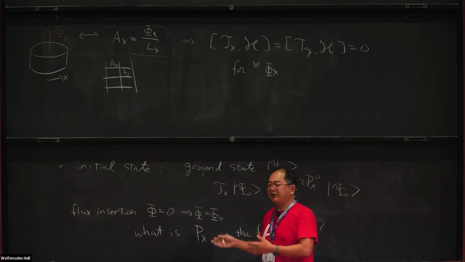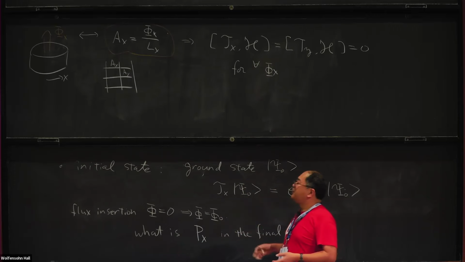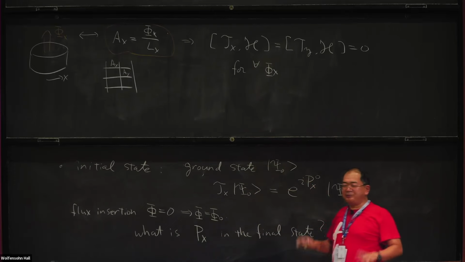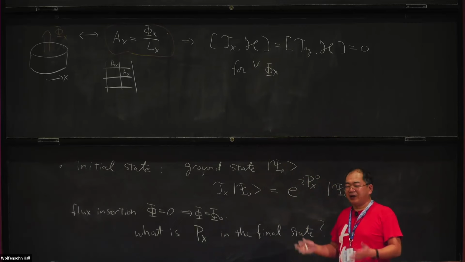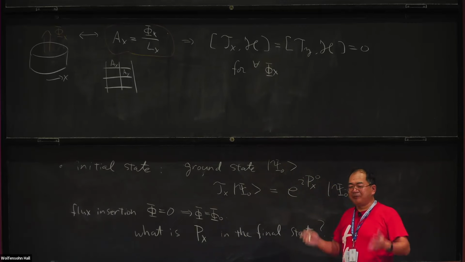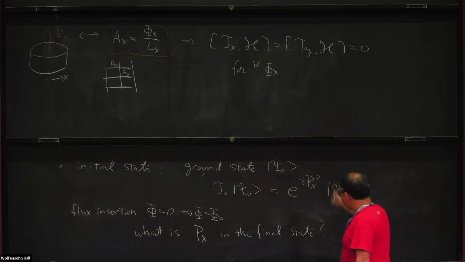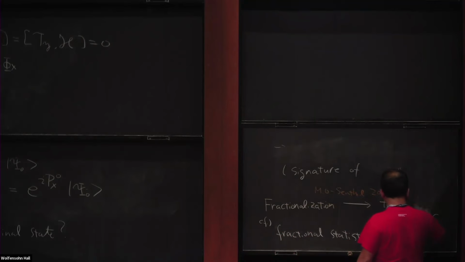Maybe if the system is an insulator, it is not sensitive to the electric field, but so far I'm not making any assumption. This system may be a conductor like a metal, and in a metal, if you apply an electric field, then the electrons should be accelerated. But somehow I have just shown that momentum doesn't change at all. So it looks somehow strange. But of course, there is no contradiction.